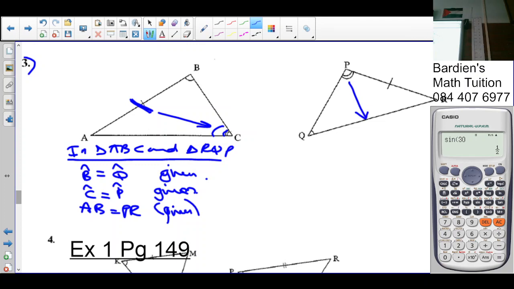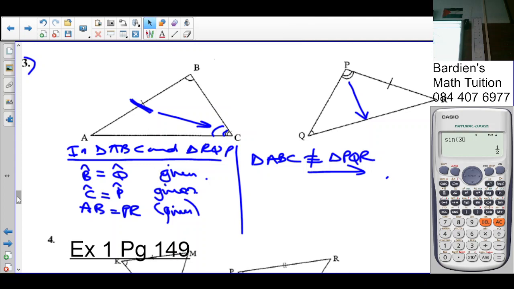Do I know that one? No. So from the get-go already, from the beginning, you could have just said that triangle ABC is just not congruent to triangle PQR. Now order doesn't matter. Why? And in brackets you write that the side is not opposite the correctly marked angle. Okay. So these two triangles are not congruent.